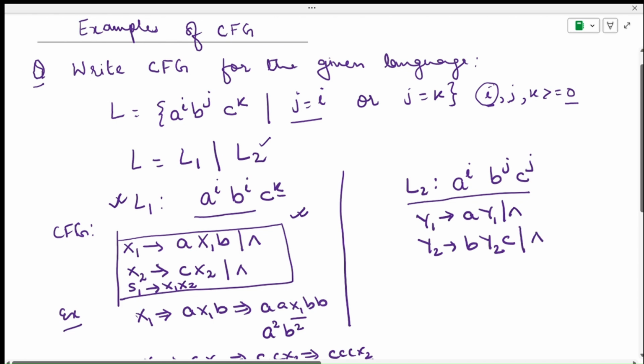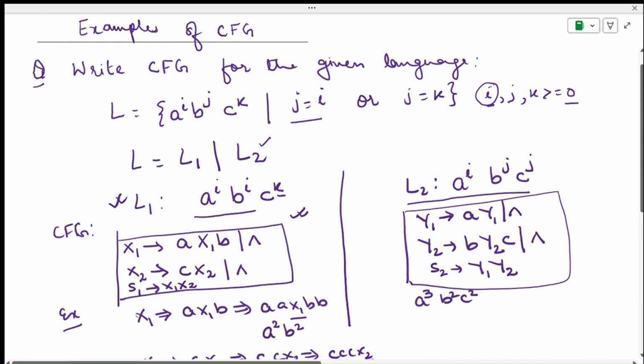Now obviously we need one more variable, S2, that will be the concatenation of the y1 variable followed by y2. So this is the grammar for L2. We can clearly see it with an example. Suppose I want to generate a^3 b^2 c^2.